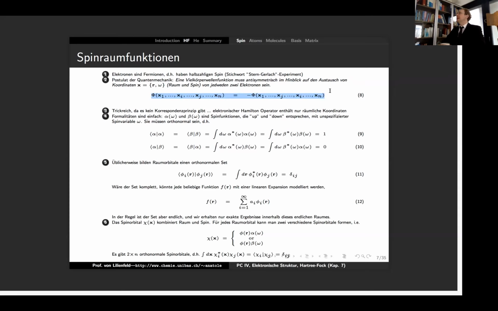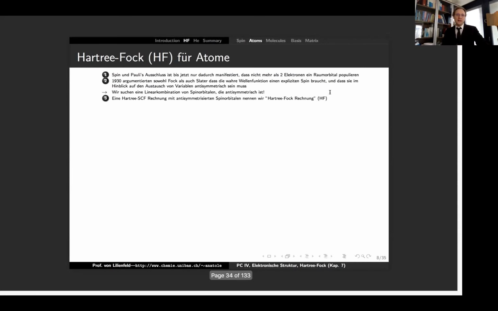And this was the challenge at the time. Nobody could think of something, and this was the main job of Hartree Fock, to accomplish this. So if you have a linear combination of spin orbitals which is antisymmetric, then doing a Hartree SCF with this, this is what we call a Hartree Fock calculation.